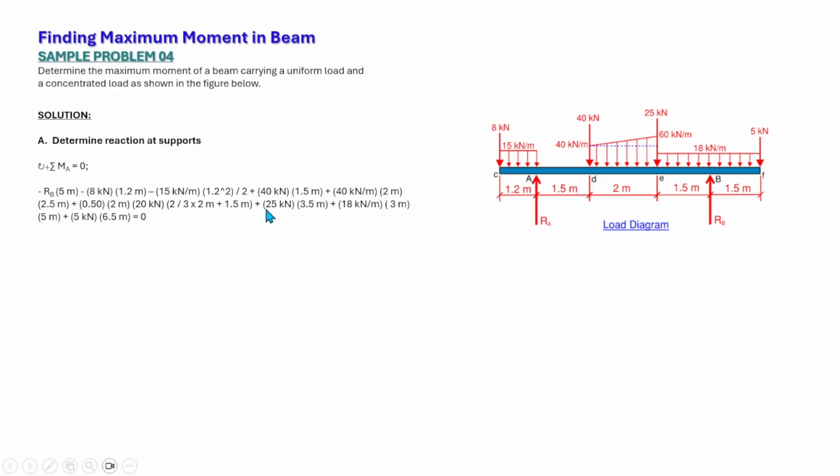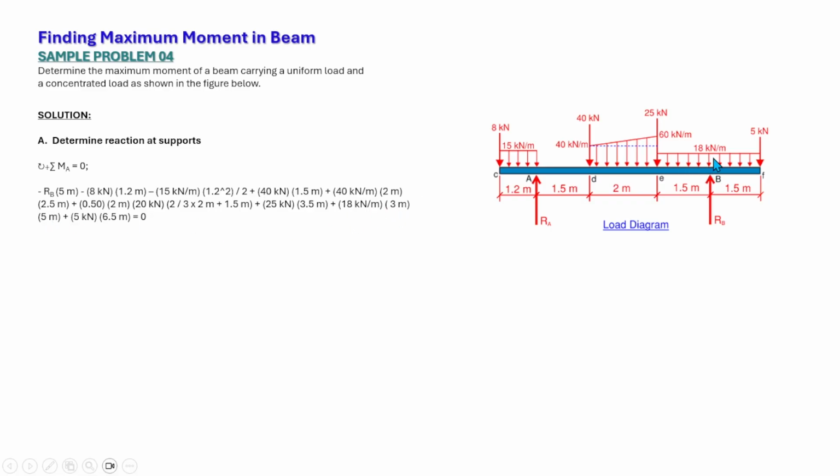Then plus, clockwise, 25 times 3.5, that is the moment arm from here to there, plus the uniform load, which is 18 kilonewton per meter times 3. We'll just take it from point E to point F. That is 18 times 3 times 5.